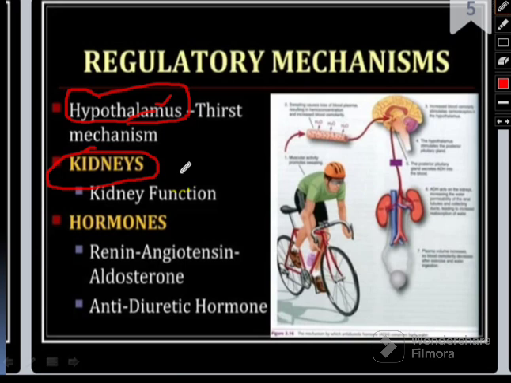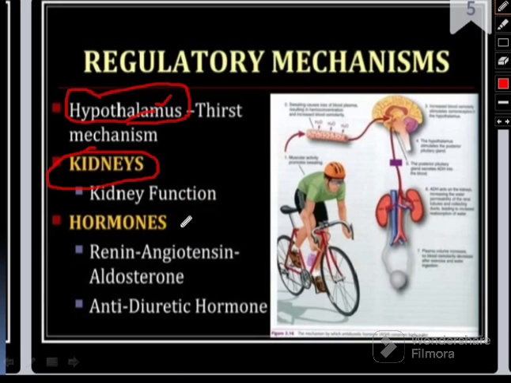So the kidney is one key organ that helps us to regulate body fluid. And then the next thing are hormones secreted by some endocrine glands.